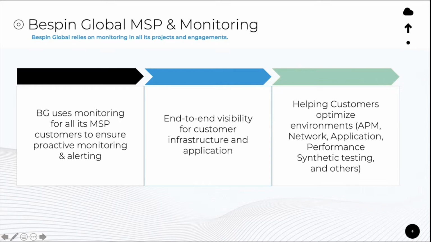We need to generate and send those alerts based on a specific process. As a part of our managed services for the infrastructure, we are providing our customers with end-to-end visibility for their infrastructure as well as for the application.